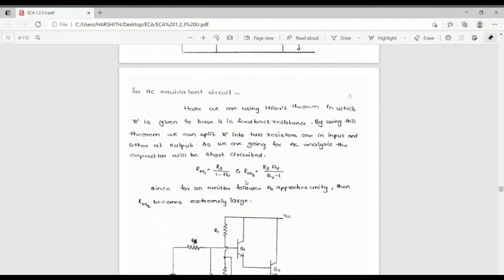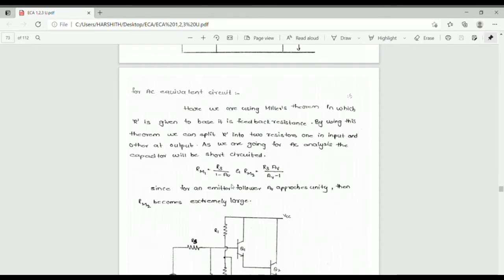By using this Miller's theorem, we can split R into two resistors, one at the input and another at the output. As we are going for AC analysis, the capacitor will be short circuited.